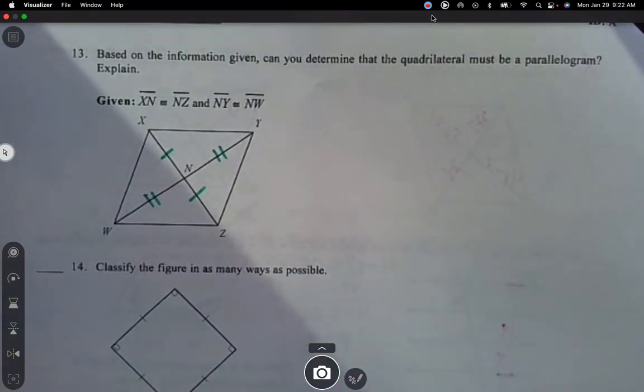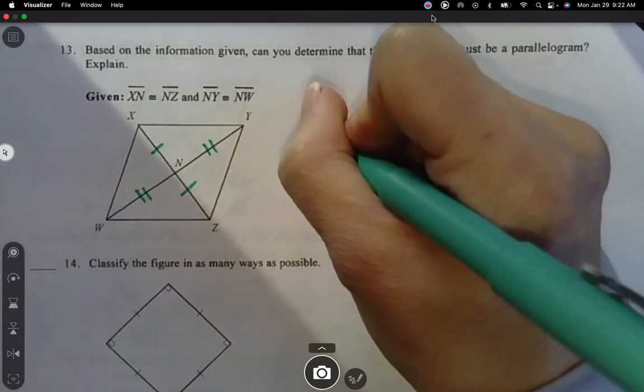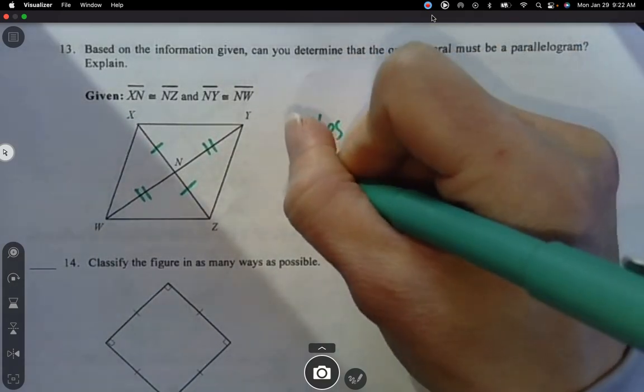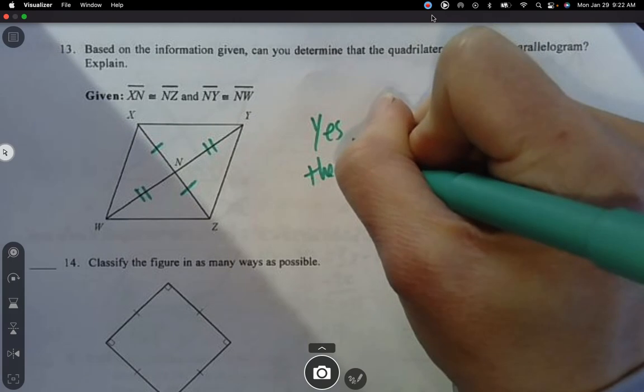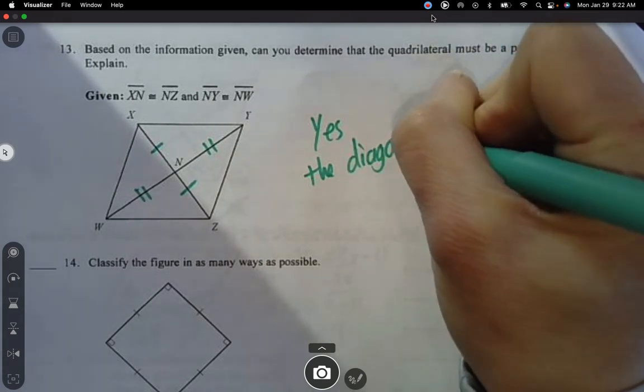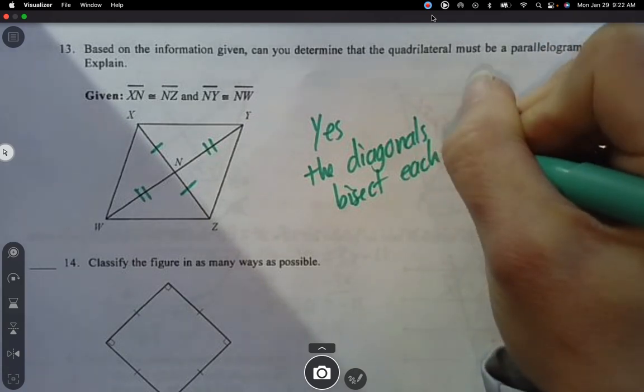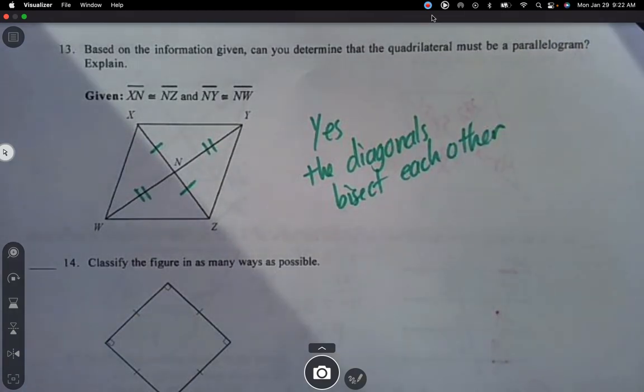That's what the problem we just did was, because those parts were right. So it's yes because the diagonals bisect each other. If you go back to number 12, we just set those parts equal because it was a parallelogram. The diagonals bisect each other.